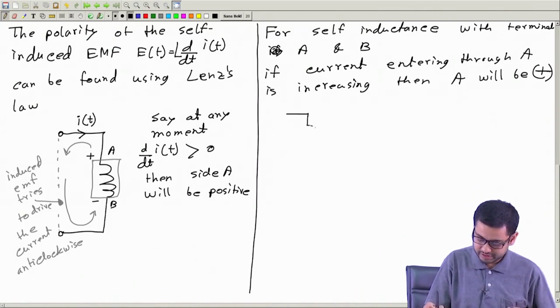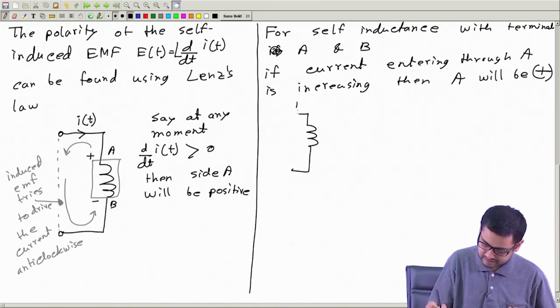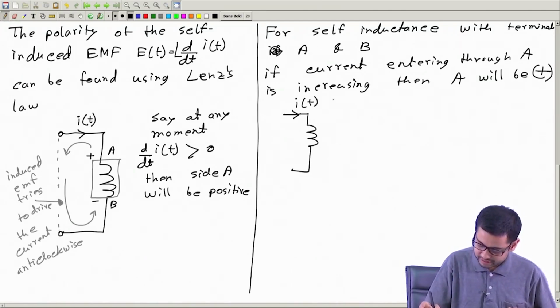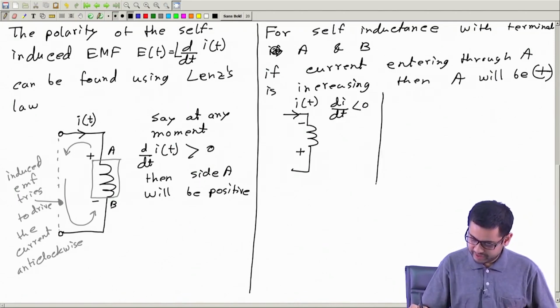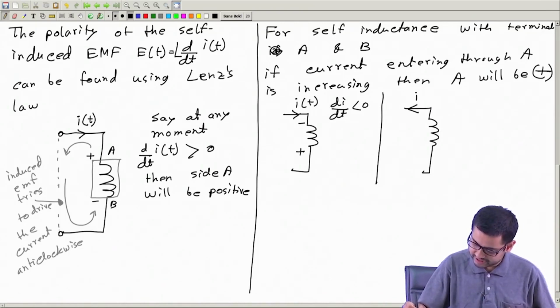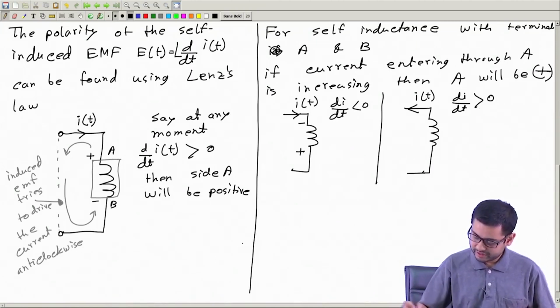Okay, like this. If this is the situation, this is say IT in this direction, but say di dt is negative, then this side will be minus, this side will be plus. Similarly, if we have, say, this is the reference direction of IT and di dt is greater than 0, that means current leaving through this terminal is increasing.